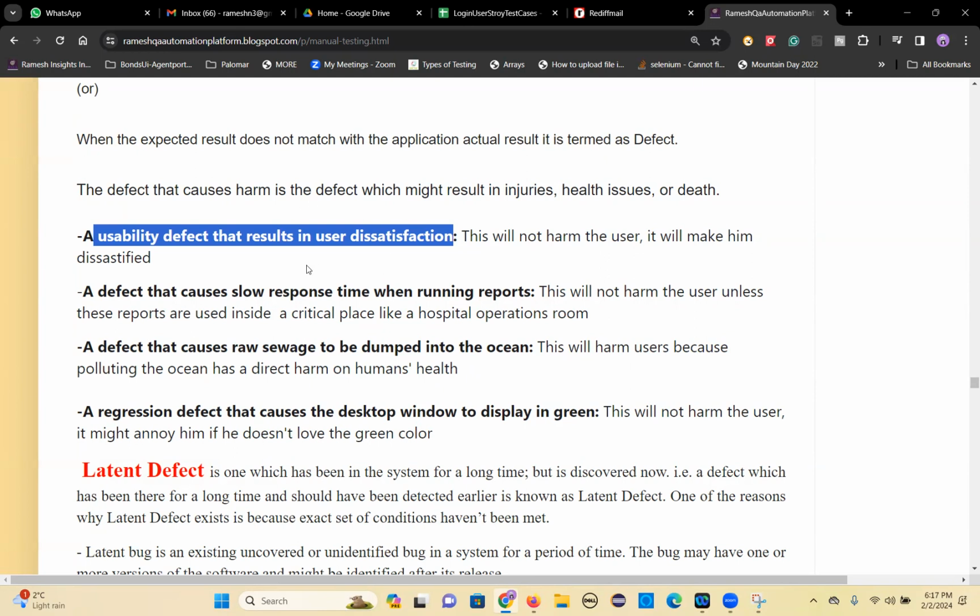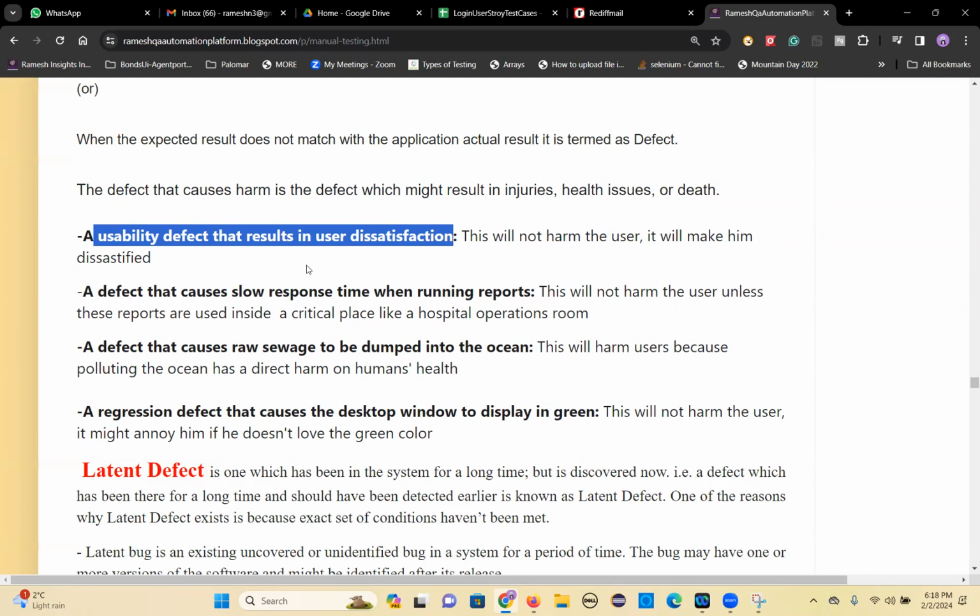Again, I'm repeating such kind of test cases one more time. What are those? Look and feel, whether spelling mistakes are there or not, whether logo alignment or any elements alignment is proper or not.